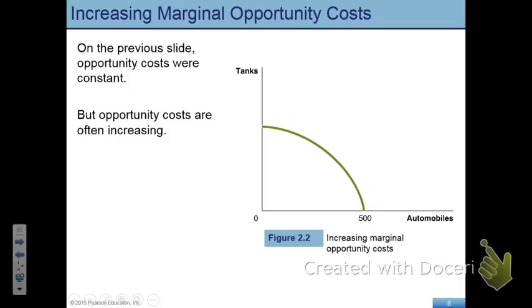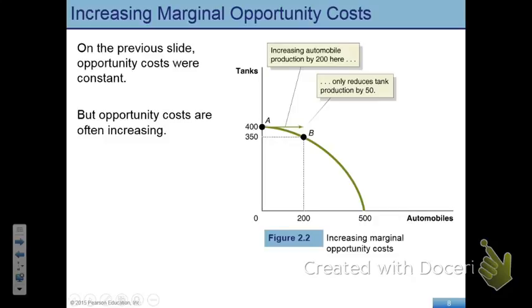There are similarities between the production of a tank and an automobile, but in many senses they are very different, right? Imagine that you are in a situation where you are only producing tanks. You are at point A on the production possibility frontier. So at point A, you are only producing tanks, and suddenly your economy is telling you that they need some automobiles.